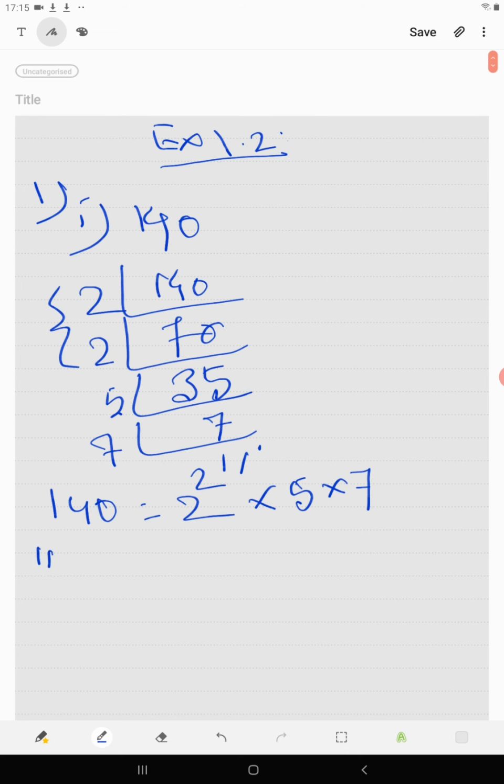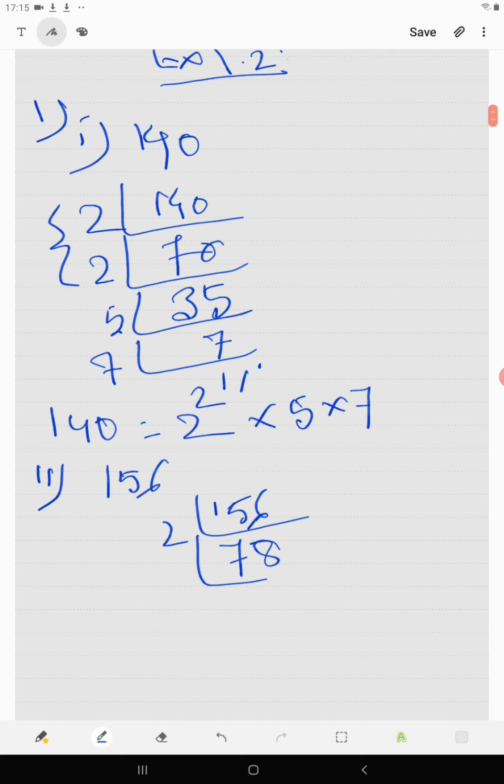Let's do the second problem, 156. So take the LCM for 156. 2 times 78, 2 times 39, 3 times 13, 13 times 1.